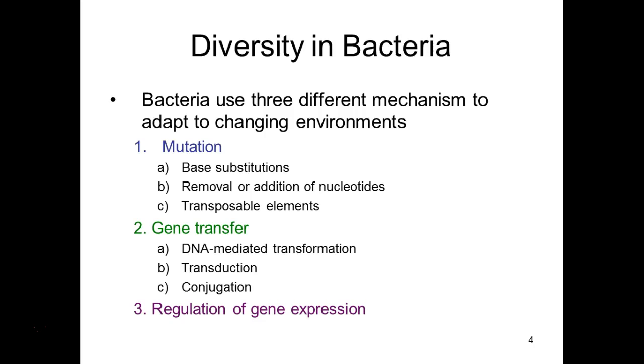But in general, there are 3 different mechanisms that allow bacteria to adapt to changing environments. What happens is that they change, right? And environments are always changing, but the environment's really going to determine who survives, right? We refer to this as what? Natural selection, survival of the fittest.